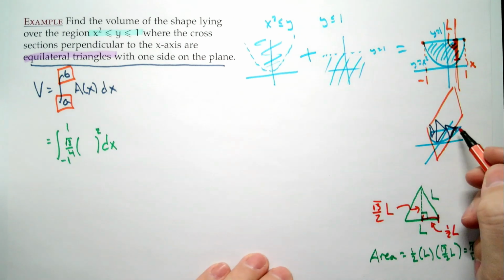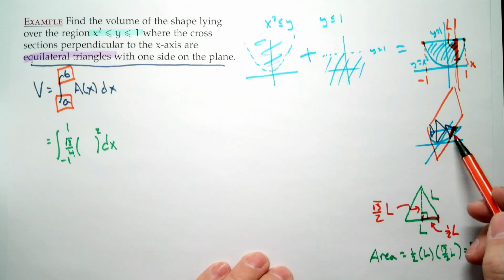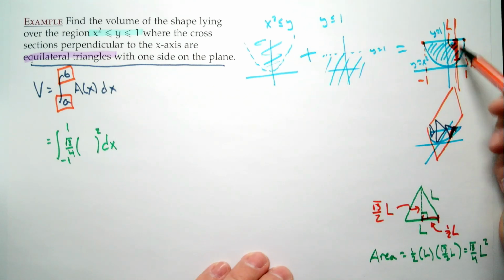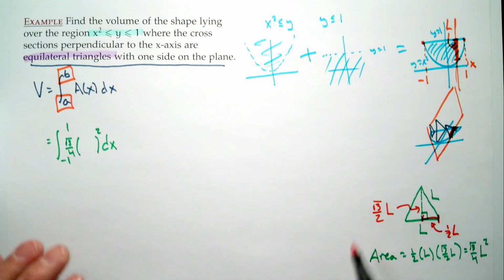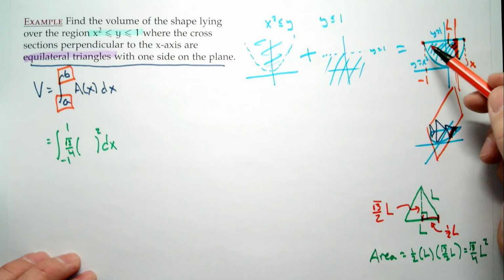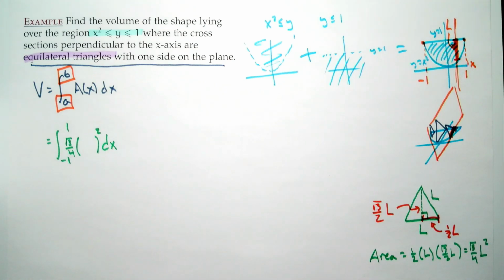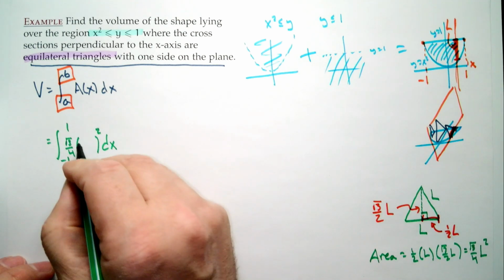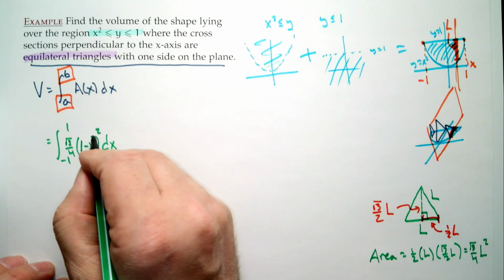So you come over to our picture here. See, that is the one side of our triangle, which coincides with that. So what's that distance? Well, it's the distance between 1 and x squared. And so what we put inside here is 1 minus x squared.